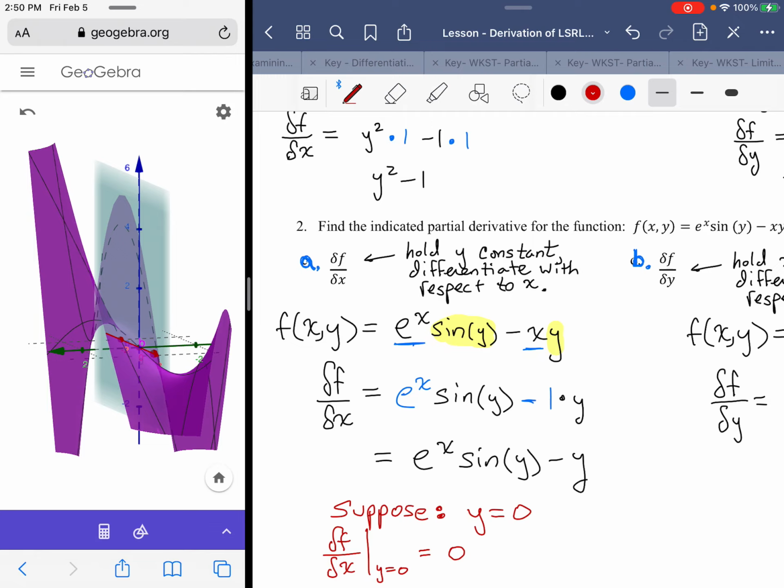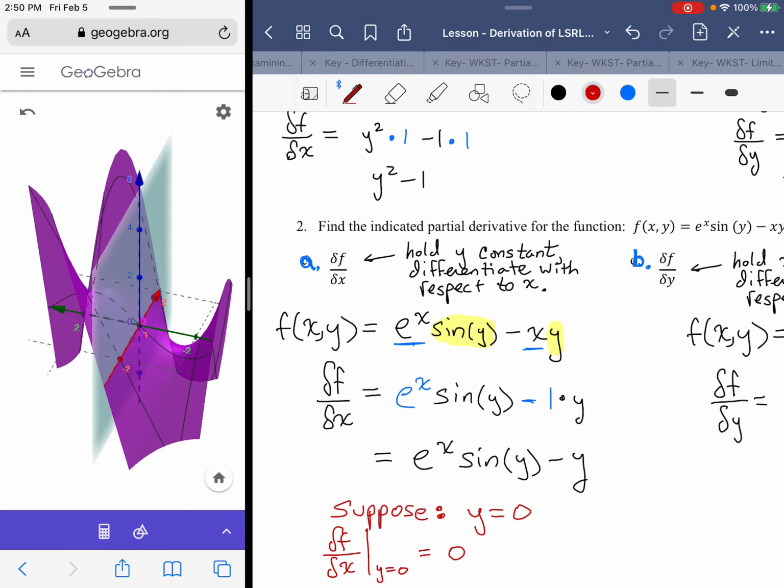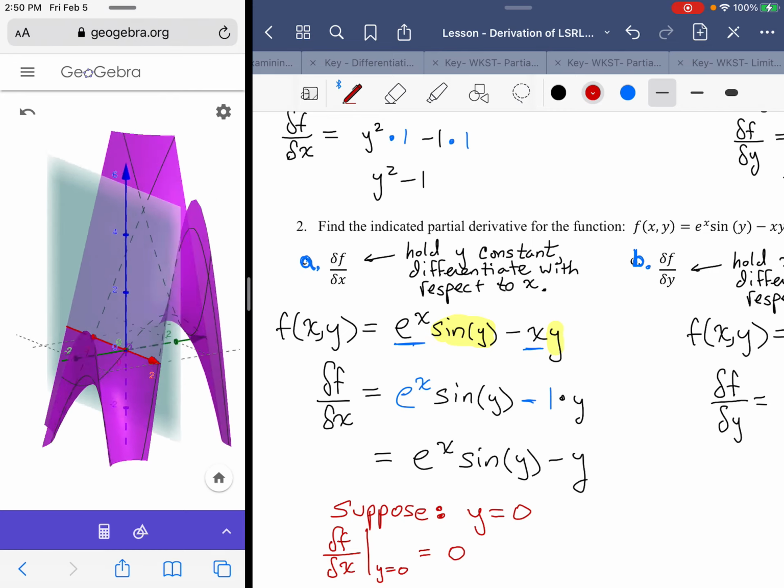All right, the outermost edge of that jello created by that cut, that slice, is a pathway, all right? It creates a curve. What this will do by making this substitution, it'll allow us to determine the rate of change just on that pathway, just on that curve. In this case, the curve happens to be the x-axis, all right?